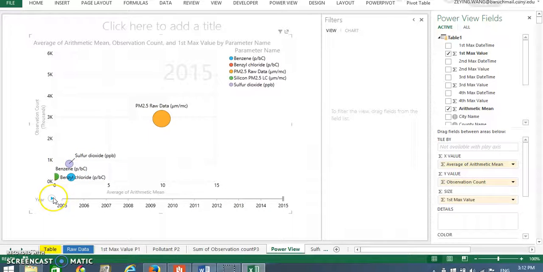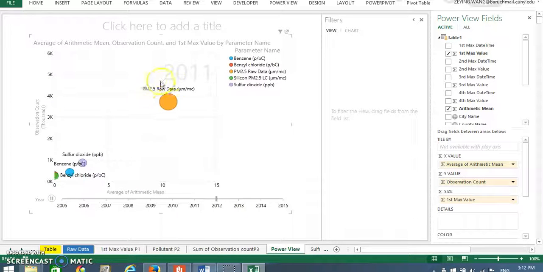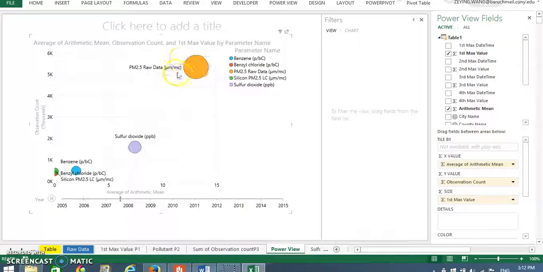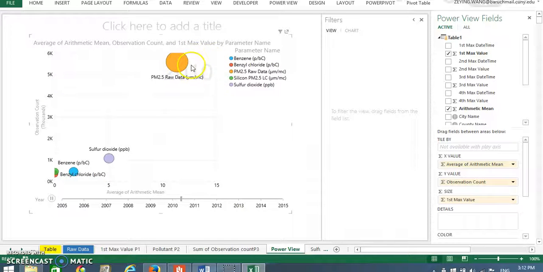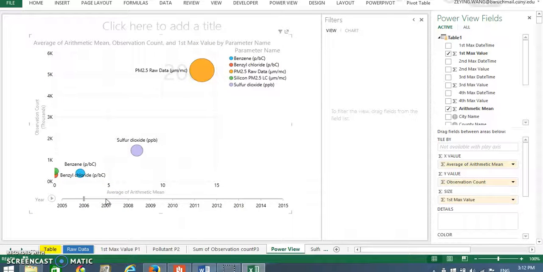So for instance, according to the motion of PM 2.5, we can actually see it becoming bigger and beginning to move to the top right corner, which reveals the increase of its amount and the growth of its largest value.